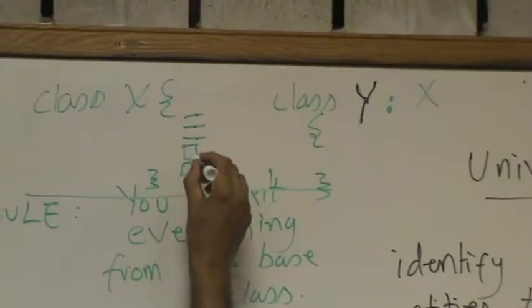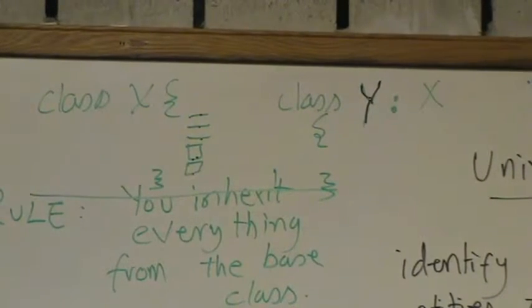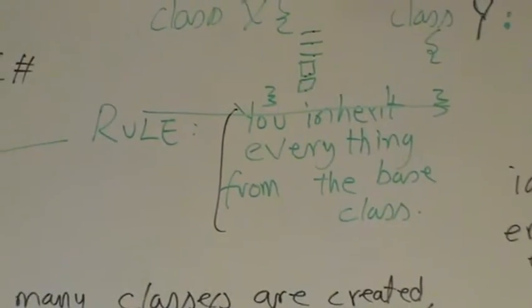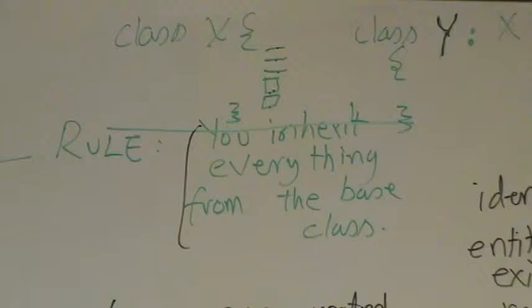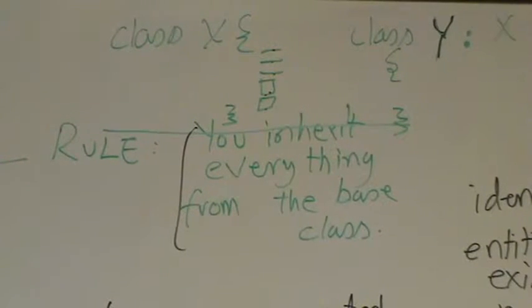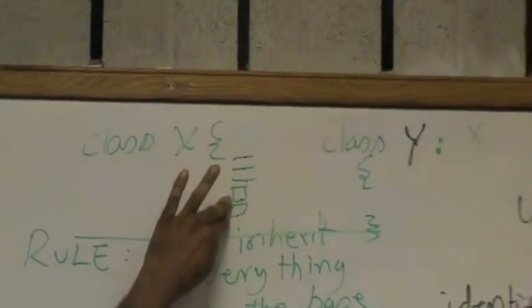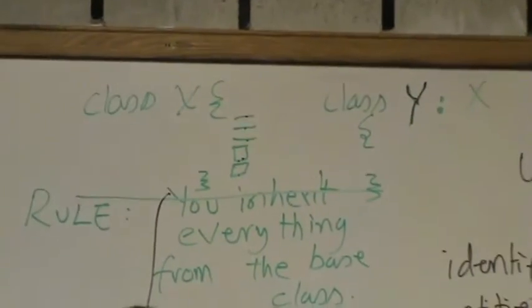Yes. Will it have these 2 methods? Yes, and that's what I meant. You inherit everything. If X has a number of fields, you will inherit those. If it has a number of methods, you will inherit those. In this example, the 3 fields and 2 methods will all be available over here.